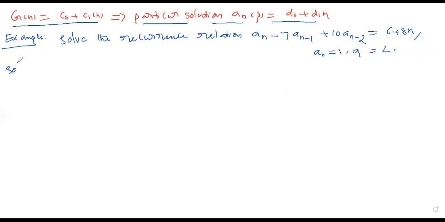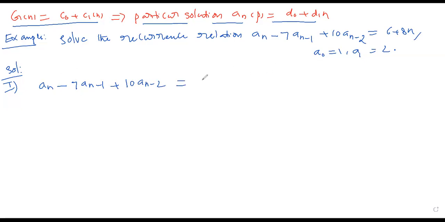Now we require the solution. In this solution, step 1, what I told you: write all the a terms on the left side, and keep the constants and n terms on the right side. In the given equation, all a terms are on the left side: a_n minus 7 a_(n-1) plus 10 a_(n-2).